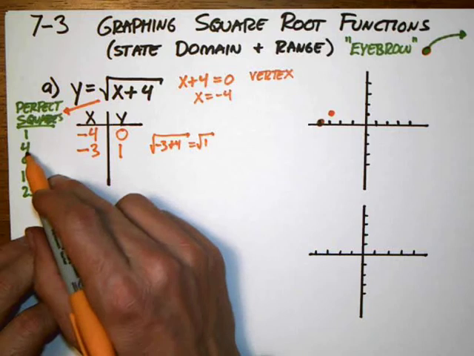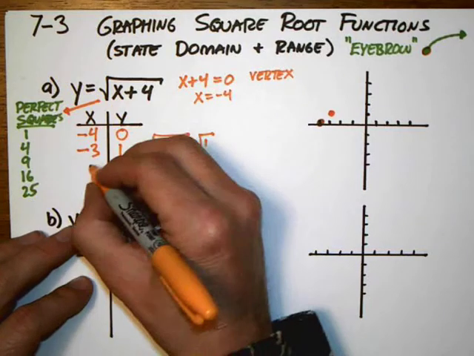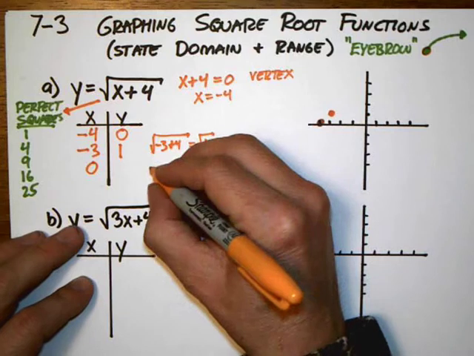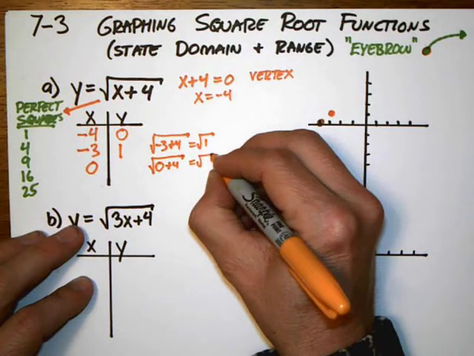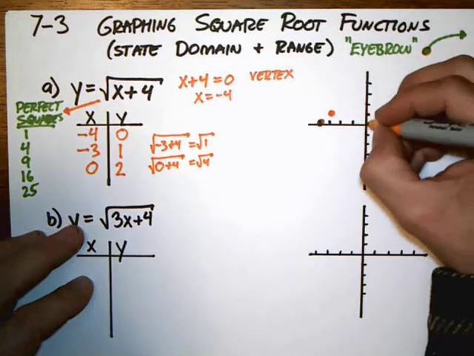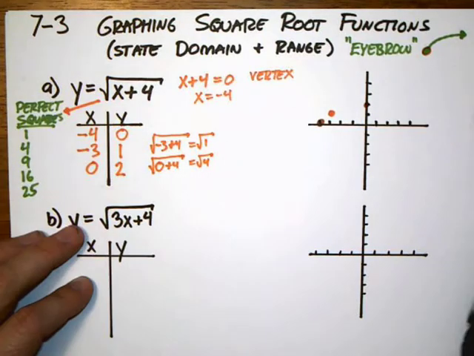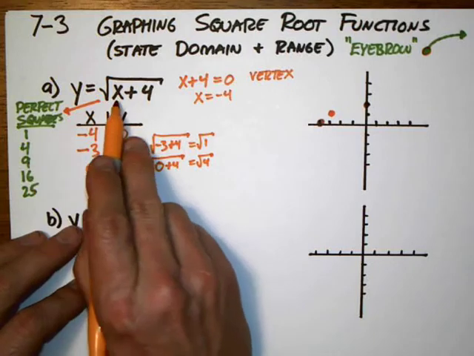What's my next perfect square? It's 4. How could I make x plus 4 equal 4? Well, if x was 0, that would work. I get the square root of 0 plus 4, which is the square root of 4, and of course the square root of 4 is 2. So 0, 2. I can do it for 9 too. How could I make this equal 9?